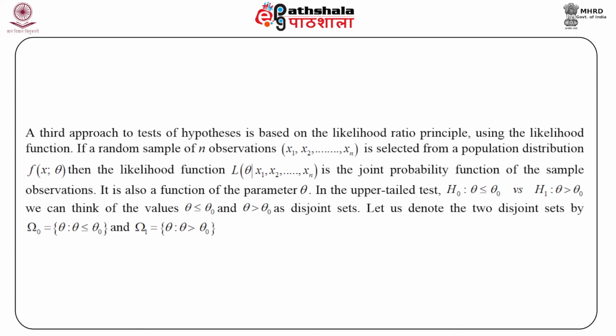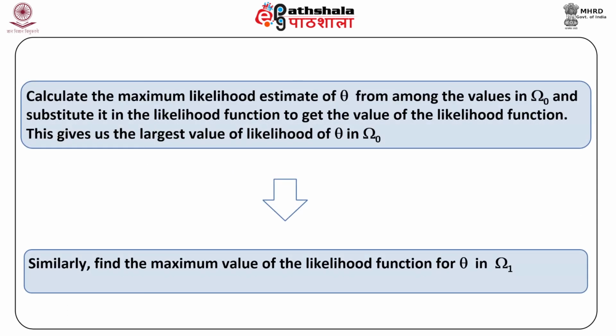So let us denote the two disjoint sets by, say, phi 0, where theta is less than or equal to theta 0, and phi 1, where theta is greater than theta 0. So what are the steps in this test procedure?